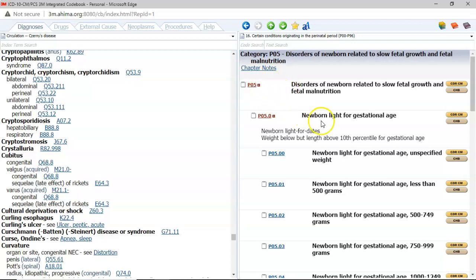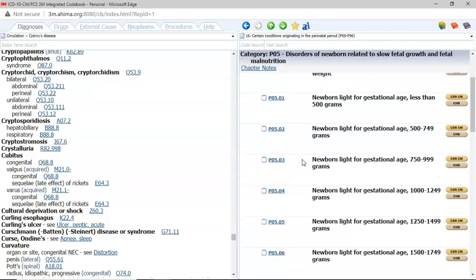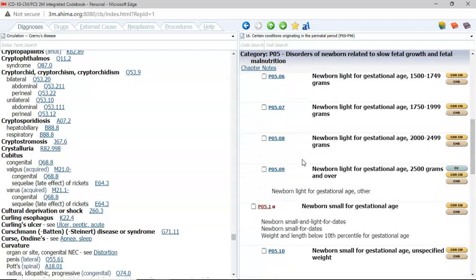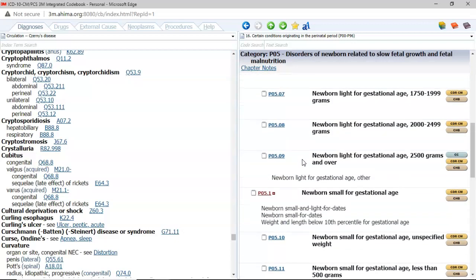When we look at P05, newborn light for gestational age, this term also includes newborn light for dates, and this includes weight below but length above 10th percentile for gestational age. And you'll notice as we look at these codes, the weight ranges are included with these codes, and the weights are in grams. So you'd be looking at the weight of that infant at birth and assigning the specific code for that weight.